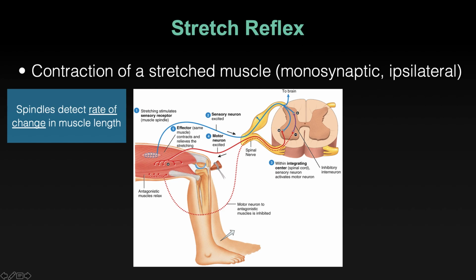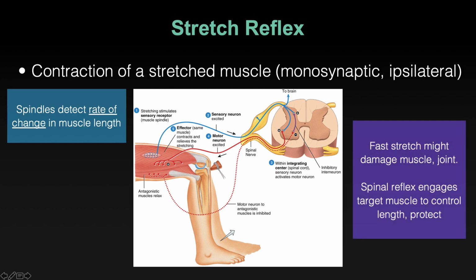The spindles are a special structure in the muscle that monitors the rate of change of the length of the muscle. And if a muscle were to stretch too quickly, too far too quickly, that could damage the muscle. It can damage the joints, some other tissues, and we don't want that to happen. So fast stretch is something that we want to avoid, and the stretch reflex avoids it.